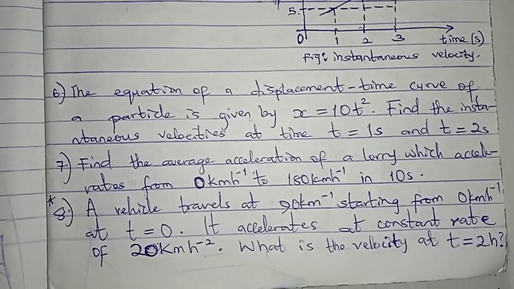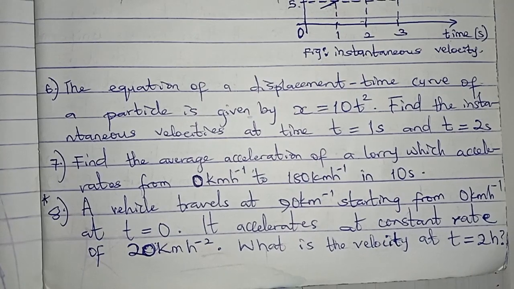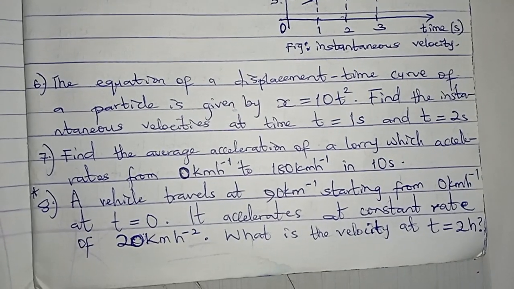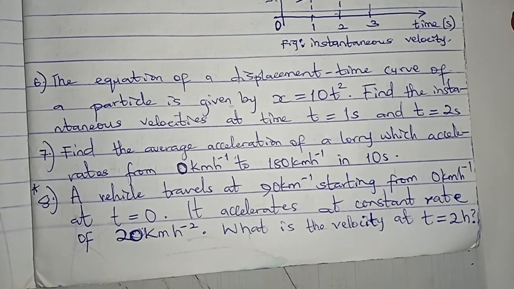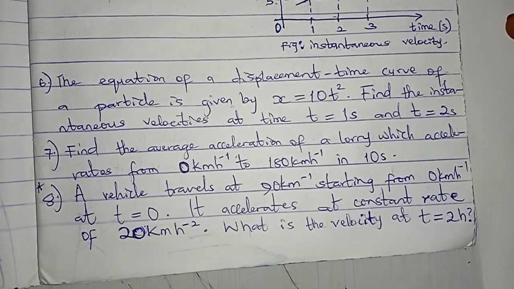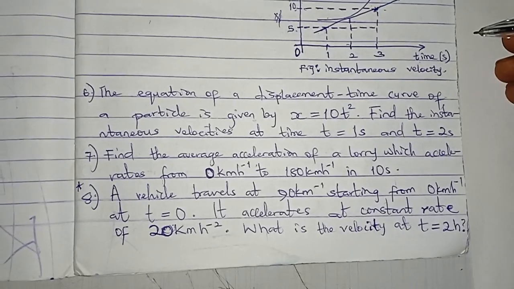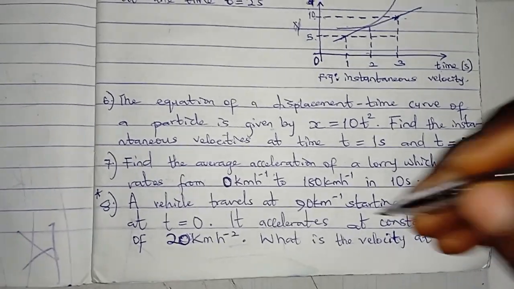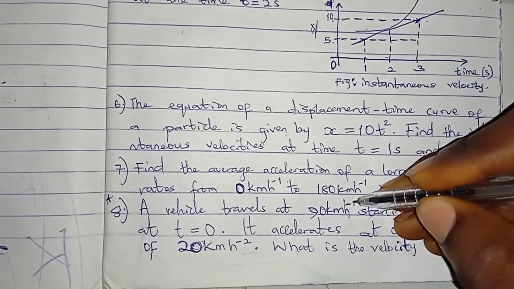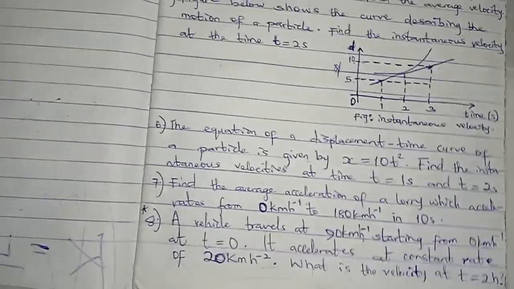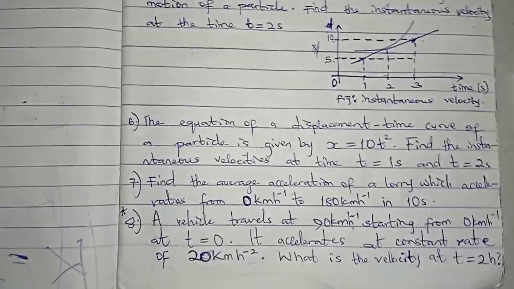A vehicle travels at 90 kilometers, starting from 0 kilometers per hour. It travels 90 kilometers, and they didn't put if it's per hour. I believe it should be per hour. So that should be vehicle starting from 0 kilometers.